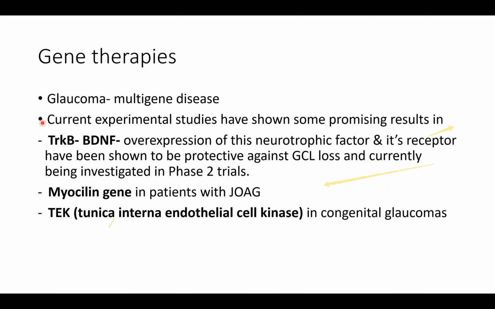And they've been shown to be protective against ganglion cell loss, and it's currently undergoing phase 2 trials. There are some trials on the myocilin gene in juvenile open-angle glaucoma, and this TEK, or tunica endothelial cell kinase, in congenital glaucomas.